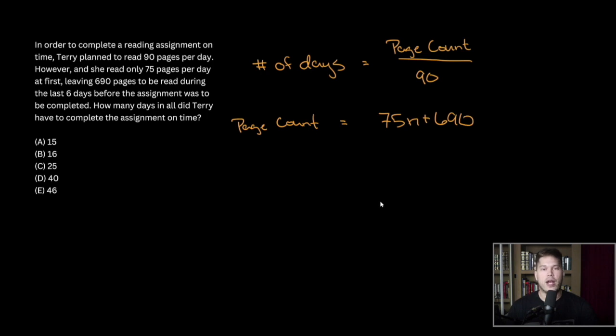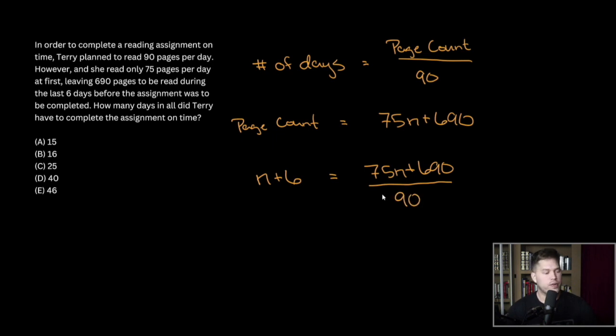And we also know that the total amount of time it took would be n plus 6. So the number of days is going to be n plus 6, and this will equal our page count of 75n plus 690 divided by 90.